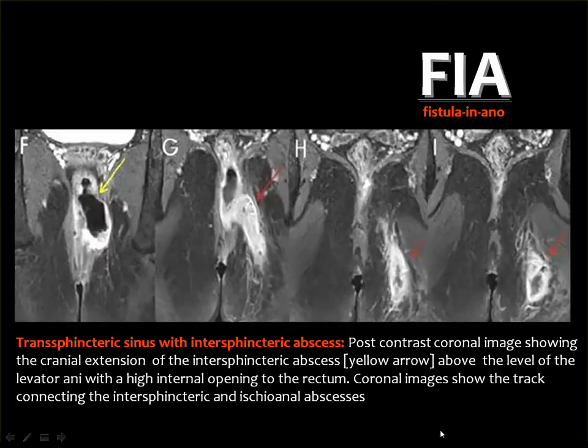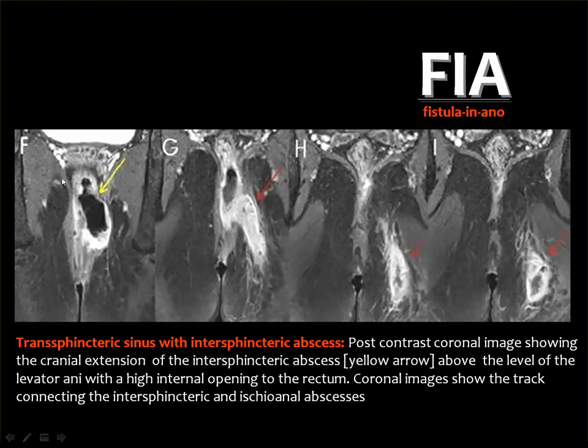And this is also another example of a transsphincteric fistula or transsphincteric abscess, and there is no connection to the exterior, but here you see an abscess collection that has extended.